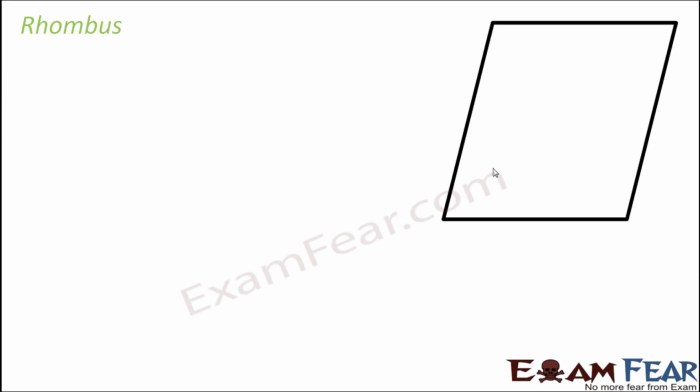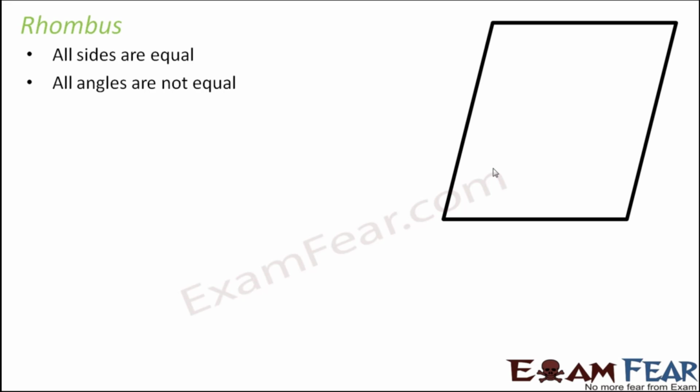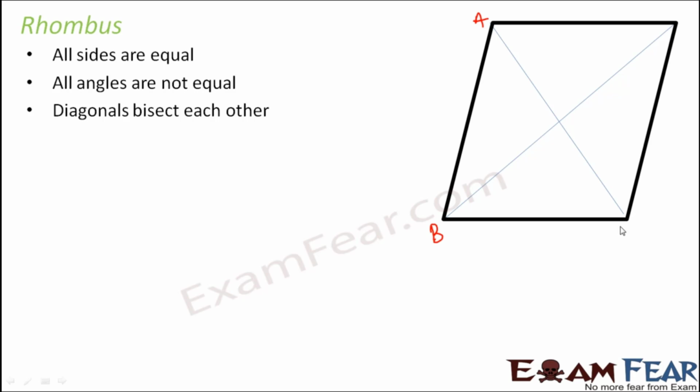Next one, rhombus. So what's a rhombus? Here also all sides are equal, but the angles are not equal. So that's how a rhombus is different from a square. In this case also the diagonals bisect each other. So let's say that if ABCD is a rhombus, then the diagonals AC and BD bisect each other at point O, such that BO is equal to OD and AO is equal to OC.